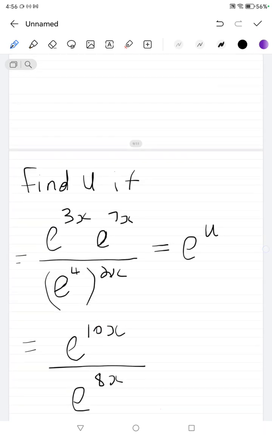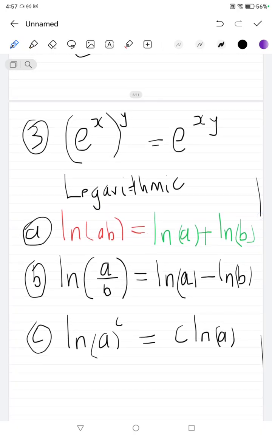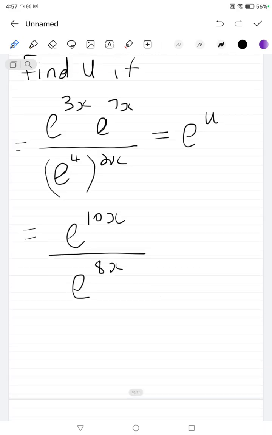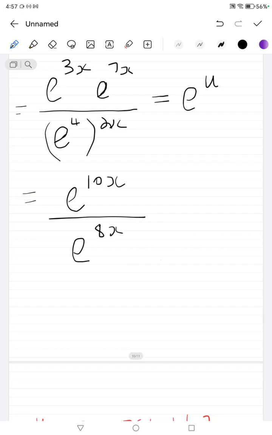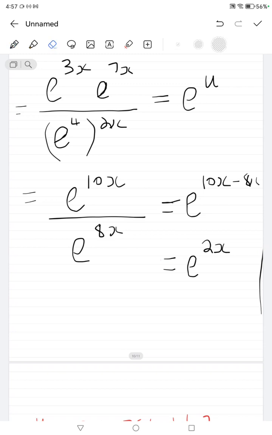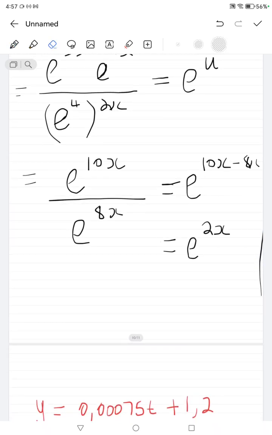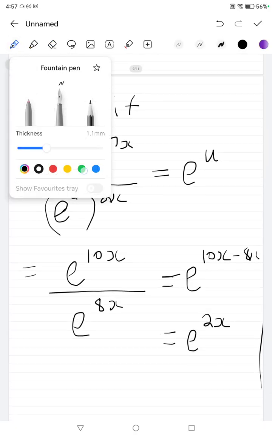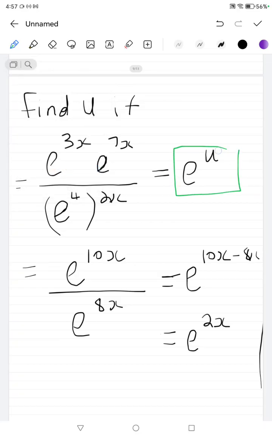Then from here, which rule are you going to use? This is the same as having e to the exponent 10x minus 8x, which means you're going to be left with e to the exponent 2x. But what were you given on your right hand side? e to the exponent u.